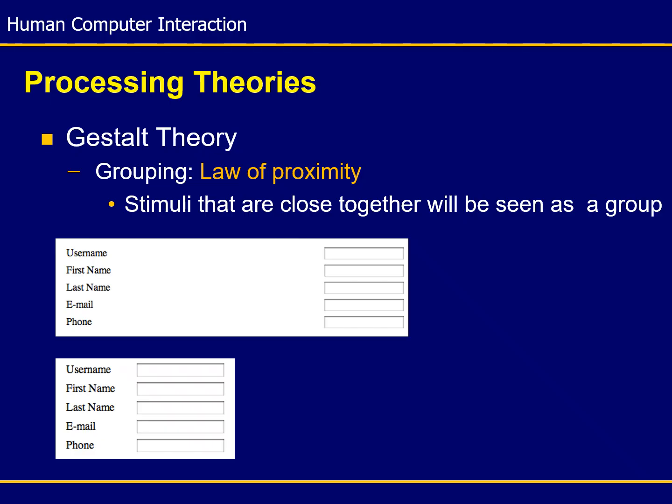When in the first figure we put them way apart from each other, you're not seeing it this way. You're seeing it as 2 groups, the labels as one group and the text fields as another group. But it's not supposed to be like this, because the group is really the username label and the text field. And that is what you're capable of seeing in the bottom figure.